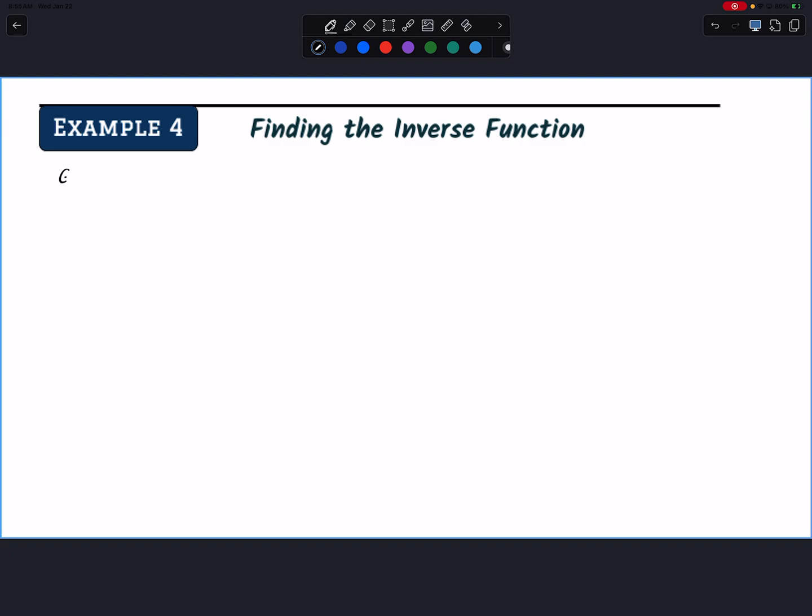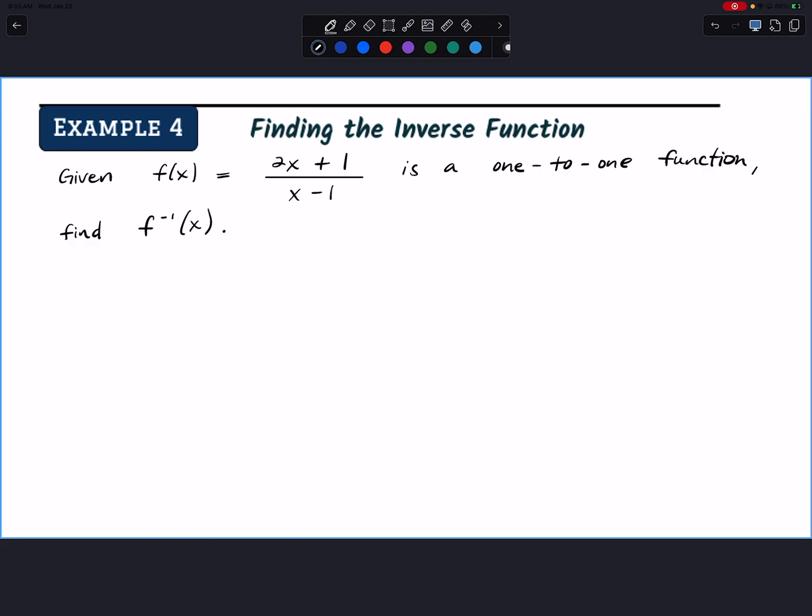So given that f of x is equal to 2x plus 1 divided by x minus 1 is a one-to-one function, find f inverse of x.